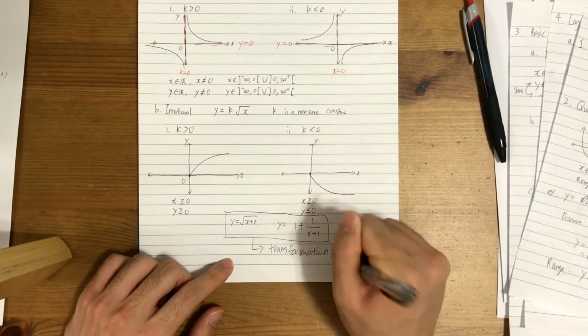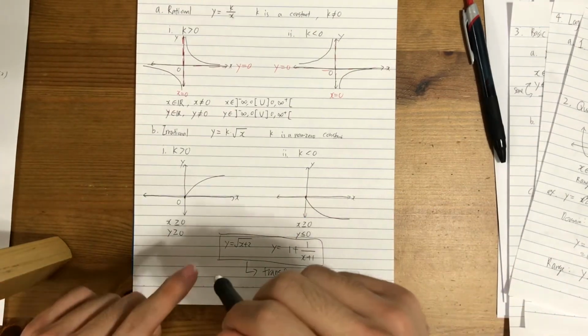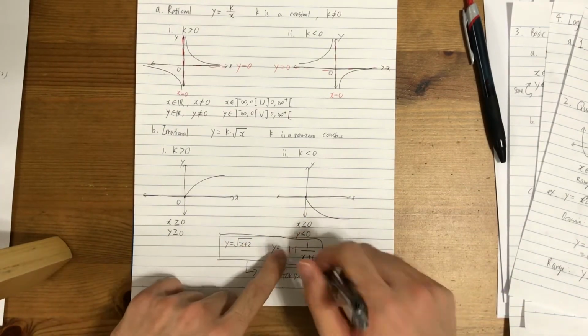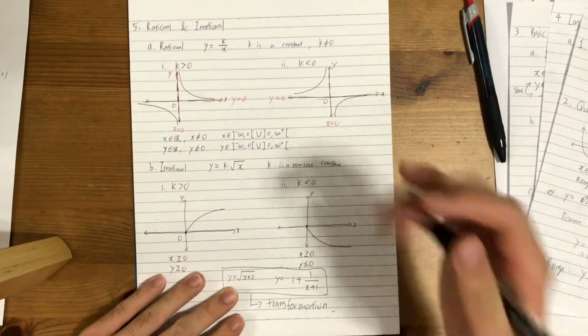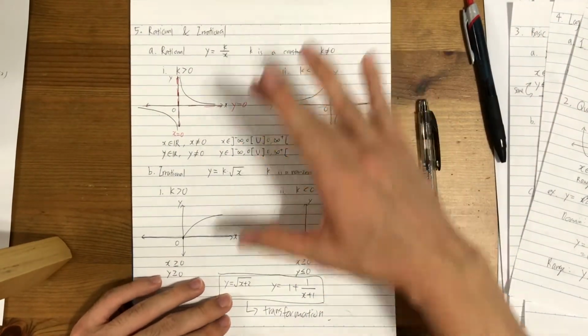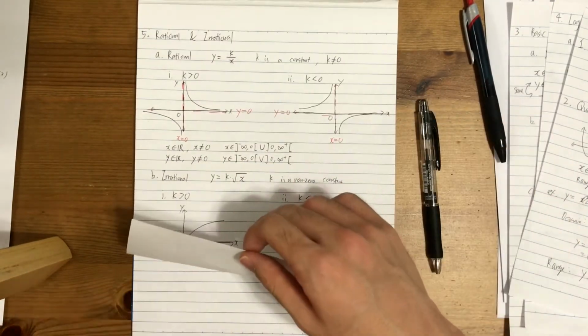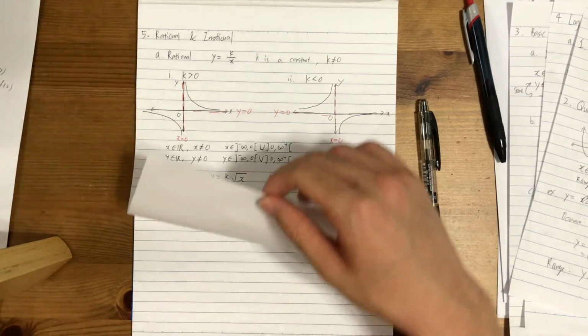So if you learn transformation, then you don't really have to look at these cases differently. You always start from these basics, this base function, base form, okay? So that's it for the varieties of functions.